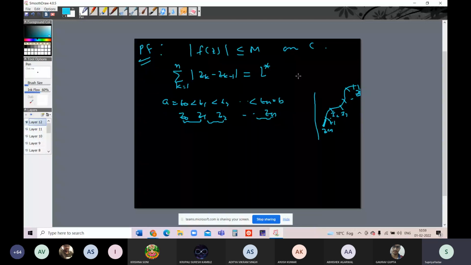So this is the sum of the lengths of chords. The length L star is the sum of the lengths of chords whose end points are z_0, z_1, z_2, z_3, z_n, and so on.